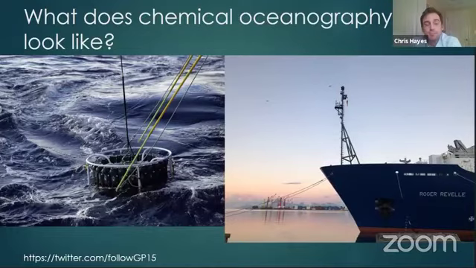On the left here is an instrument called the rosette. It has a CTD in the middle of it, if you've heard of that. It's basically a sensor that can measure the salinity, the temperature, and it can also do oxygen.